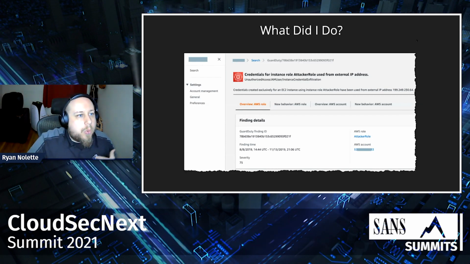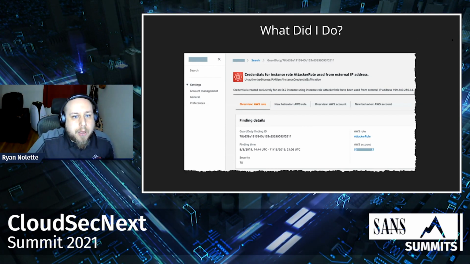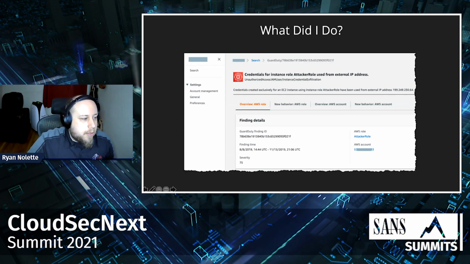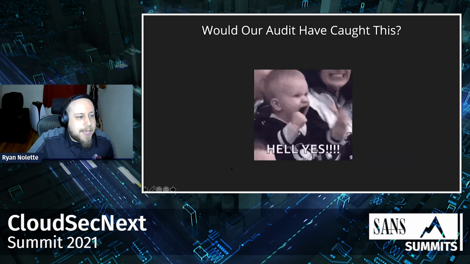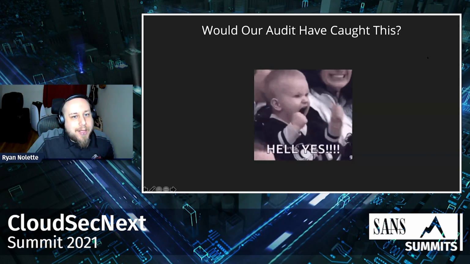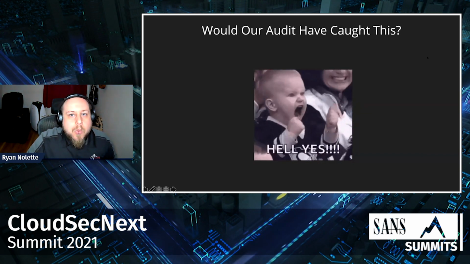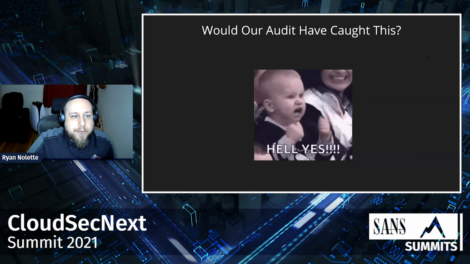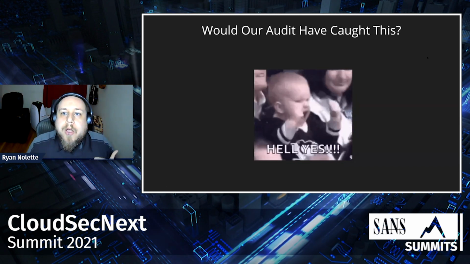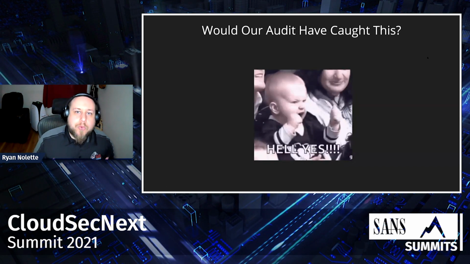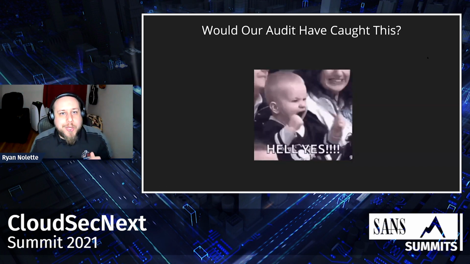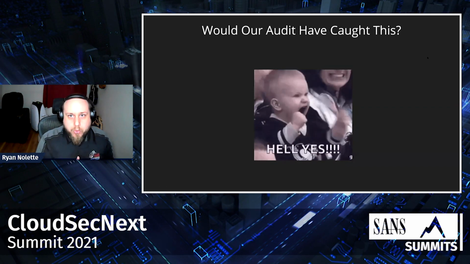And what we care about is, would we have seen this in our audit? Well, yes. Yes, we would have. And how do I know that? Well, number 8, if you guys remember, was identify all the permissive policies attached to roles. So what we can do with that is we're finding overprivileged roles, right?